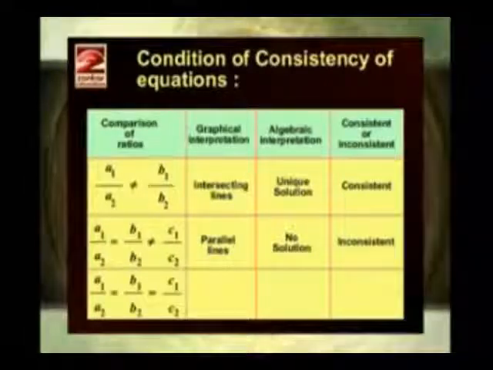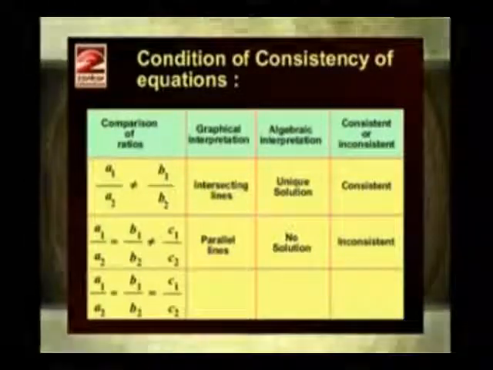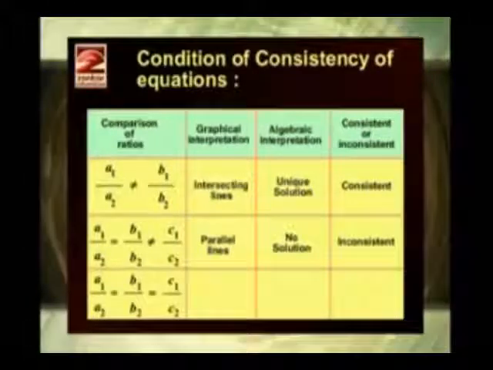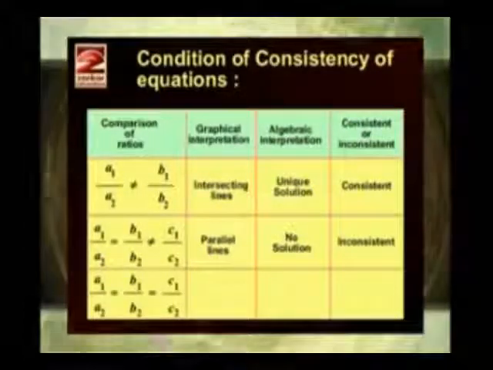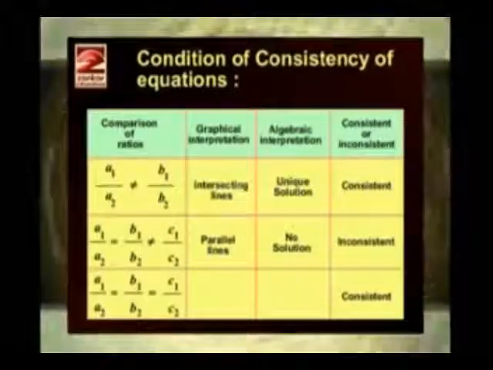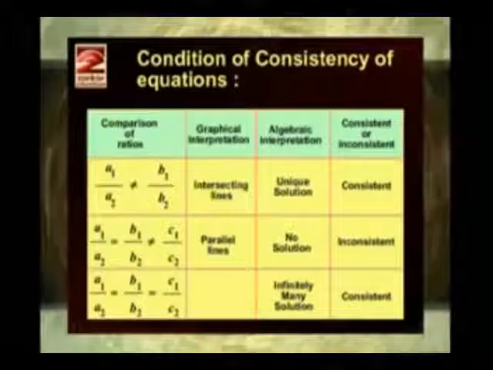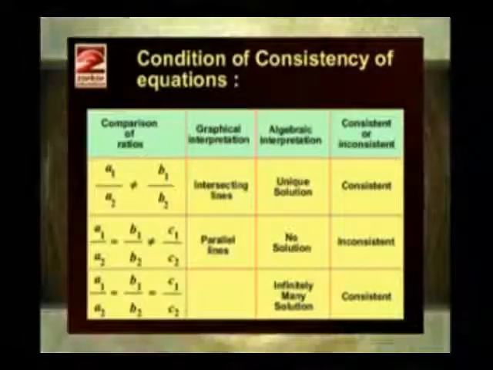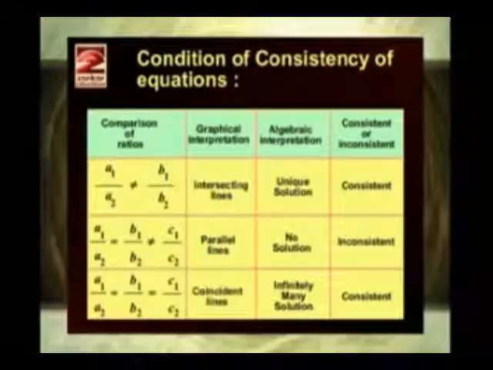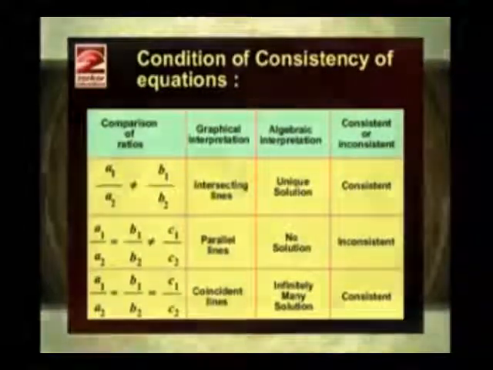Now, if a1 upon a2 is equal to b1 upon b2 is equal to c1 upon c2, then the equations are consistent and they have infinitely many solutions. In this case, the graphical interpretation is of coincident lines.